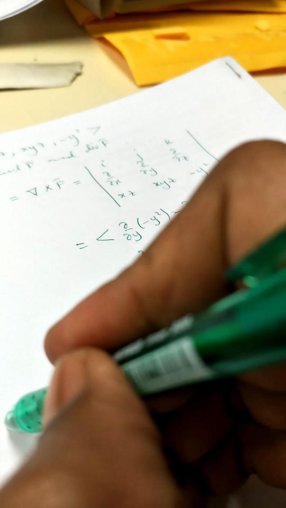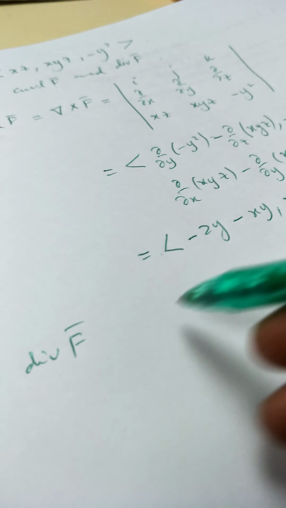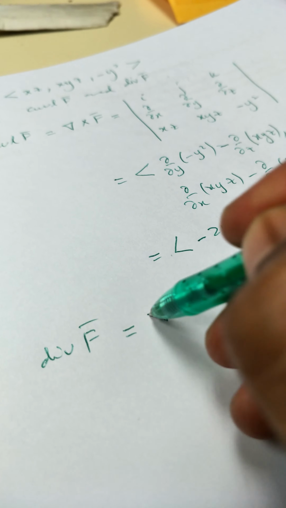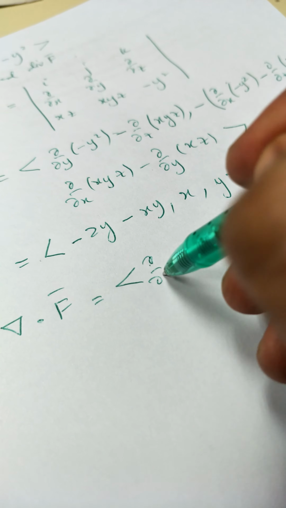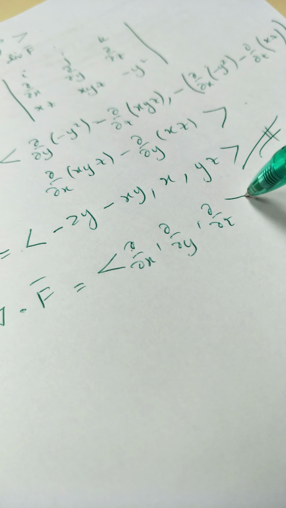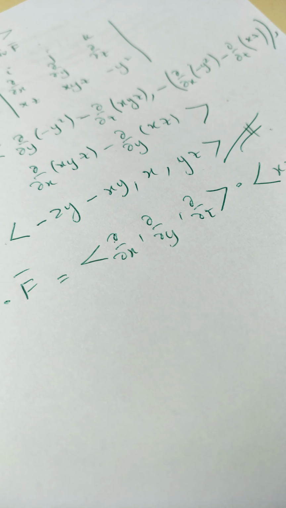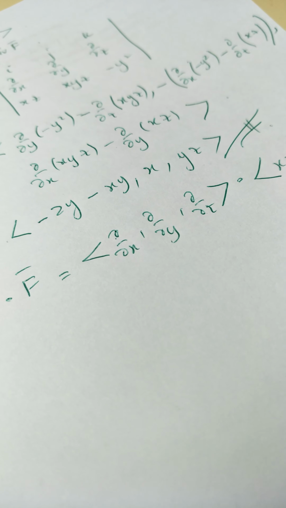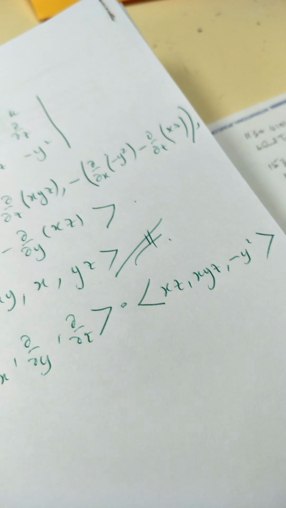Okay, and then for divergence of f, by definition this is del dot f, that gives you del del x, del del y, del del z, dot f is xz, xyz, minus y squared. Okay.